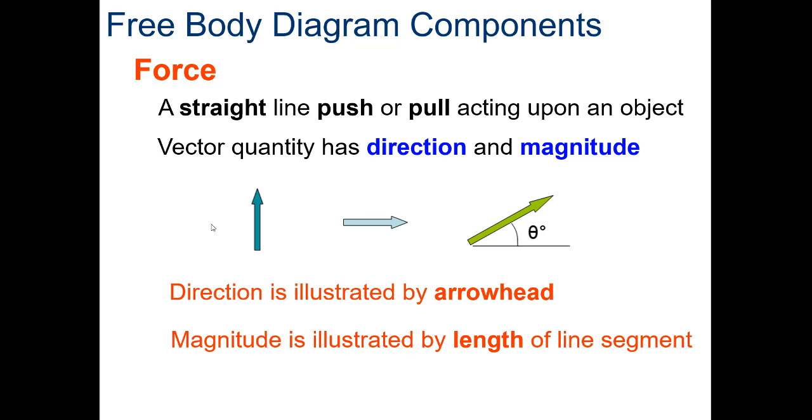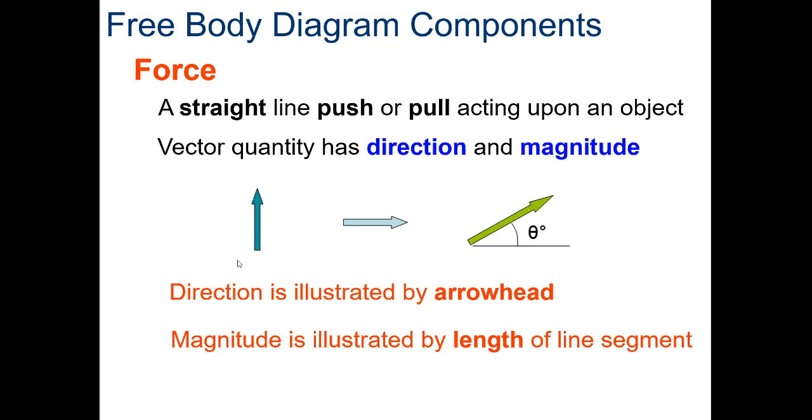Forces move in a direction, and magnitude just means amount. So a vector has both direction, maybe like down with 10 pounds of force, or up with 100 pounds of force, or to the right with 10 pounds of force. It has direction and magnitude.